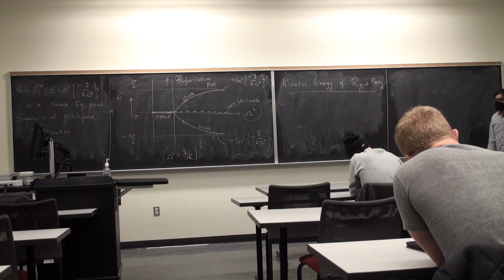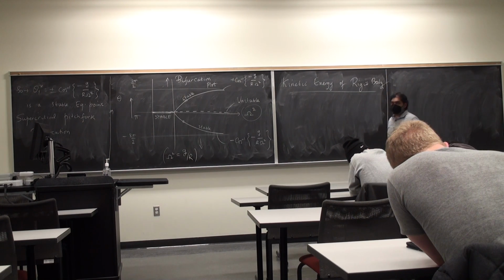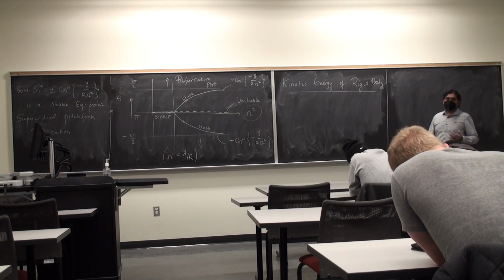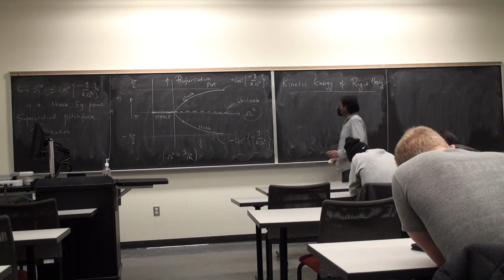I'm sure most of you know that kinetic energy of a rigid body has 2 parts, the translational kinetic energy and the rotational kinetic energy. You may have seen that for a 2-dimensional problem, but for a 3-dimensional problem it's a much scarier looking creature. Right? So we will look at it carefully.